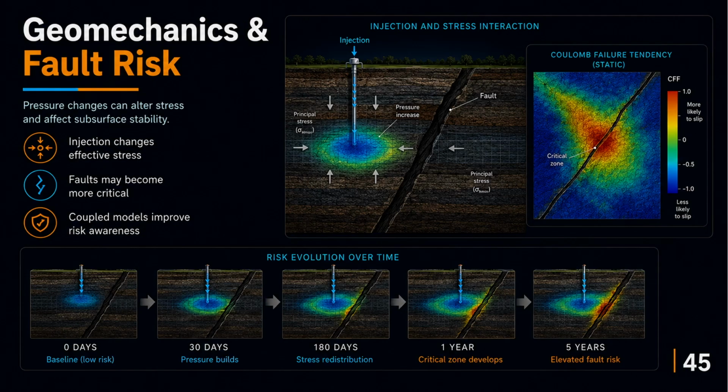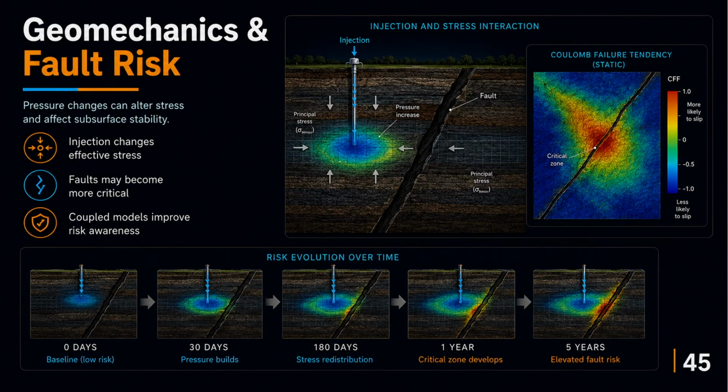For fault risk, we often evaluate whether the stress state approaches a failure criterion, such as Coulomb failure. This requires information about fault orientation, in situ stress, pore pressure, friction coefficient, and mechanical properties. The reservoir simulator provides the pressure change, while the geomechanical model translates that pressure change into stress and stability indicators.